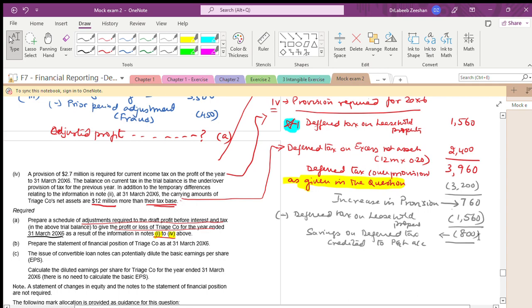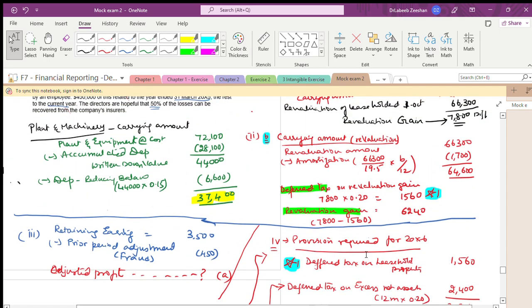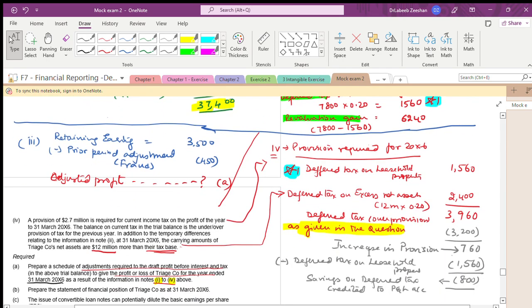In that increase in provision, we have to make sure about the revaluation on the leasehold property. The 1,560 is not pertaining to the current year. Is it not related to the deferred taxation as such?